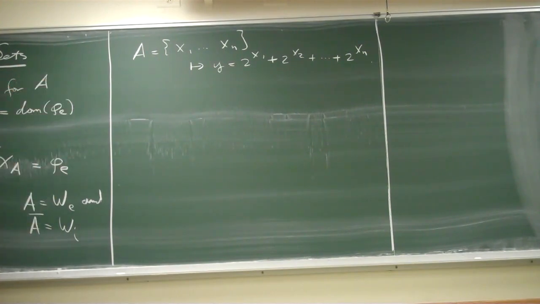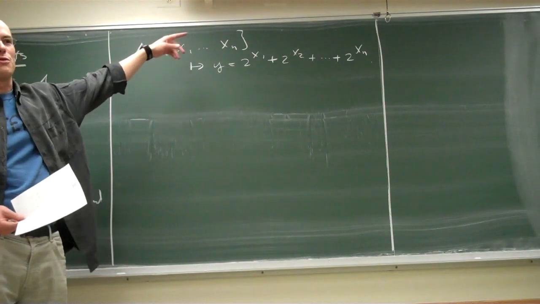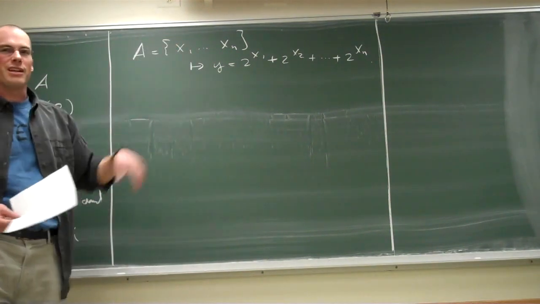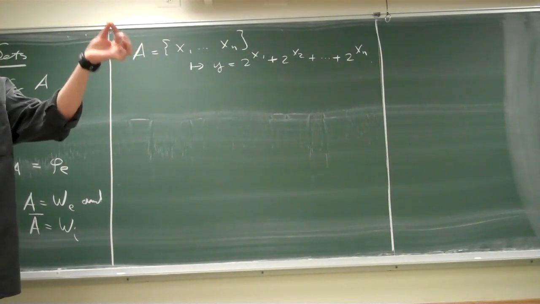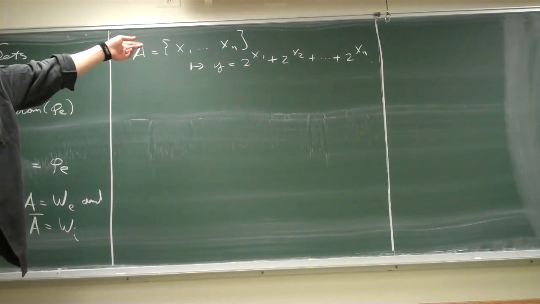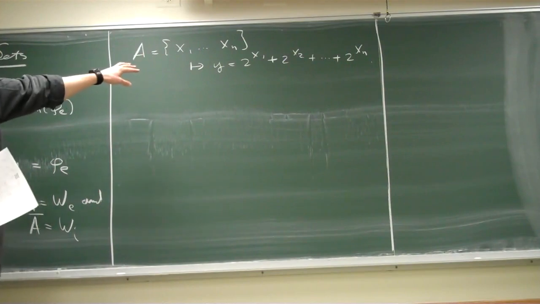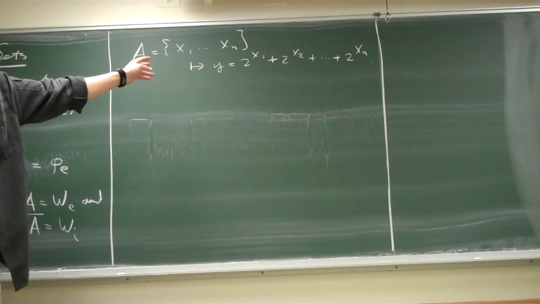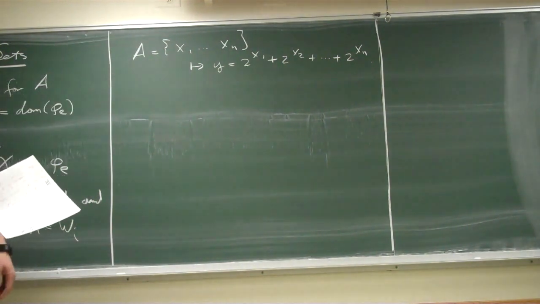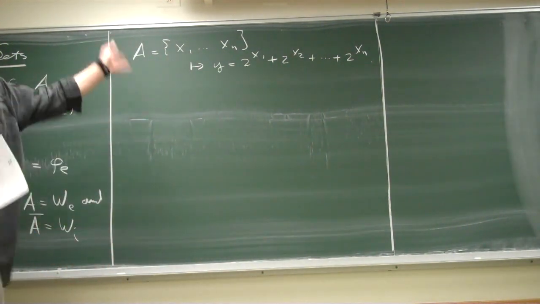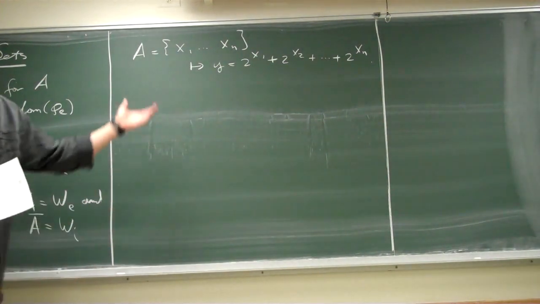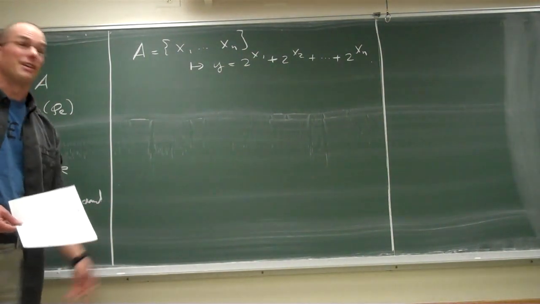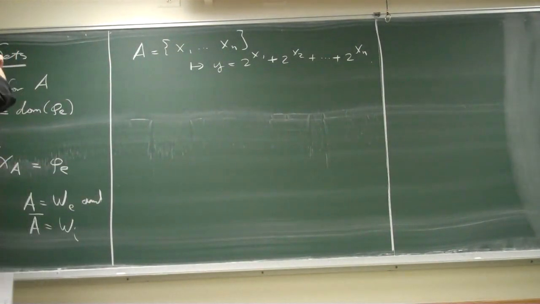But this is a nice one because if you imagine this being ordered in an increasing way, then if you look at the binary expansion of y, it has a 1 in those places where there is a number in A, and so the binary expansion of y is an initial segment, looked at in the right way, of the characteristic function of the set A. In that sense, this one is sometimes nicer than other ones, but of course you can always go back and forth between them.